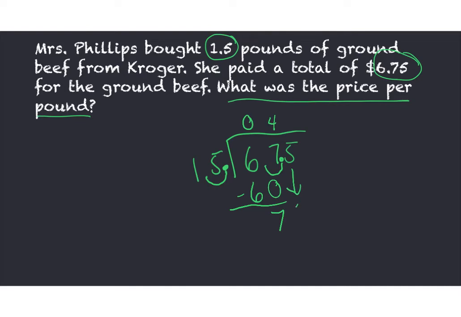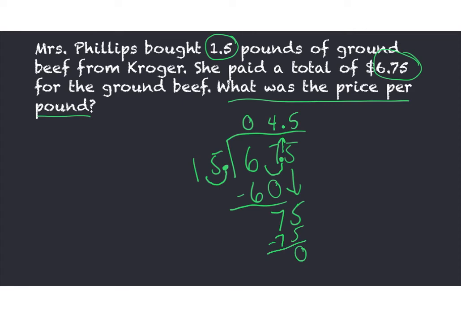We'll bring down the 5 here. 15 will go into 75 5 times. 5 times 15 is 75. 75 minus 75 is 0. Okay, so now that we've finished dividing this out, we need to place our decimal. So we move our decimal up from the dividend into the quotient, and we get 4.5.